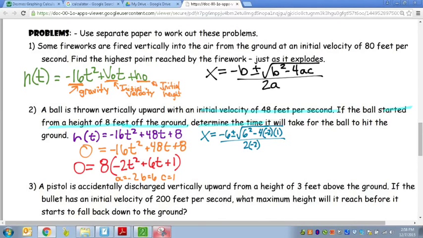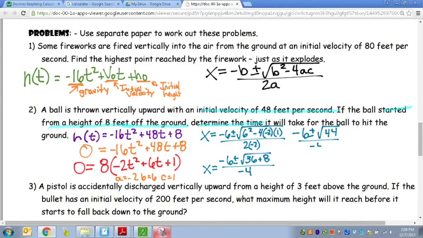Okay, so if we work through that, it's going to be negative 6 plus or minus. That's going to give me 36. Negative 4 times negative 2 is positive 8. Positive 8 times 1 is plus 8. And then 2 times negative 2 is negative 4. Okay. All right, let's continue. 36 plus 8 is going to give me 44, if I'm doing my math right.